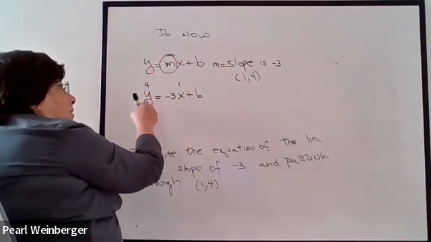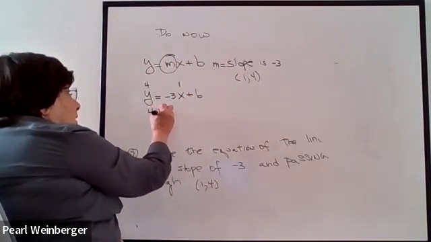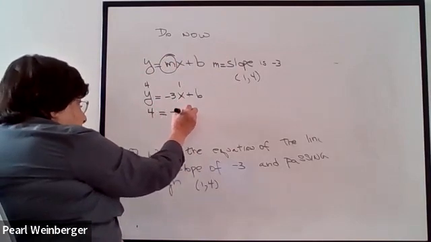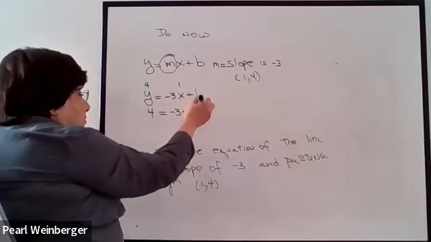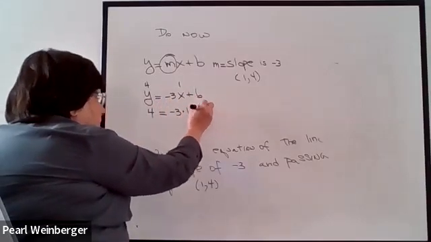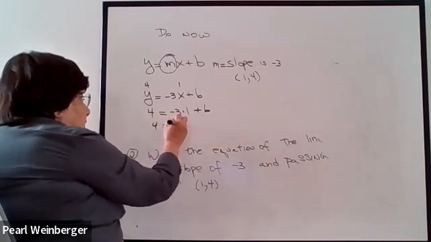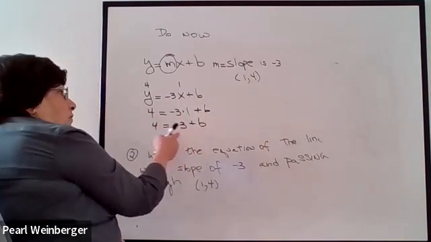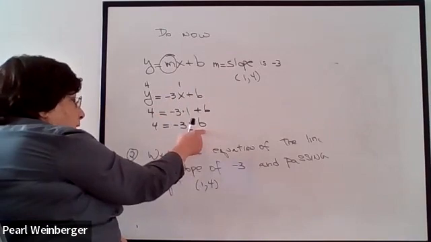So if I replace the x and y with those numbers, I'll get 4 equals -3 times 1, because -3x means -3 times x, plus b. Well, -3 times 1 is -3. So I'm getting 4 equals -3 plus b.